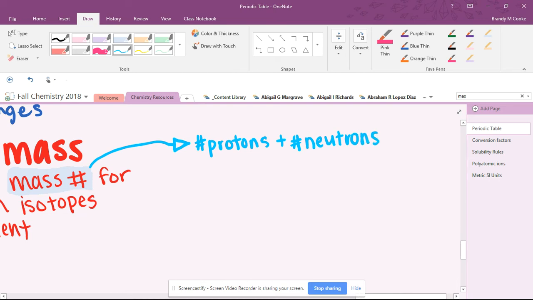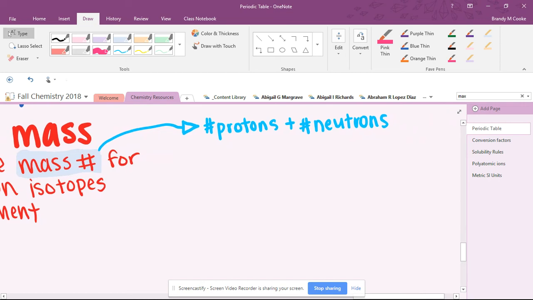So protons plus neutrons equals the mass number, and therefore the mass number minus protons equals the neutrons. The mass number is always a whole number because we can't have half of a proton or half of a neutron, right? Whole number.